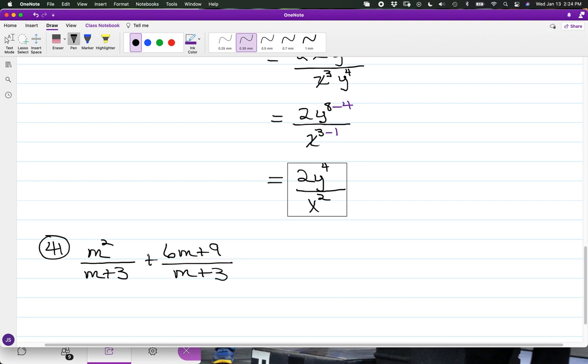Again, the operation between the fractions is addition, so no multiplication, no division yet. All right, we've got the same denominator, so I can combine the numerators. So we have m squared plus 6m plus 9, all over m plus 3.